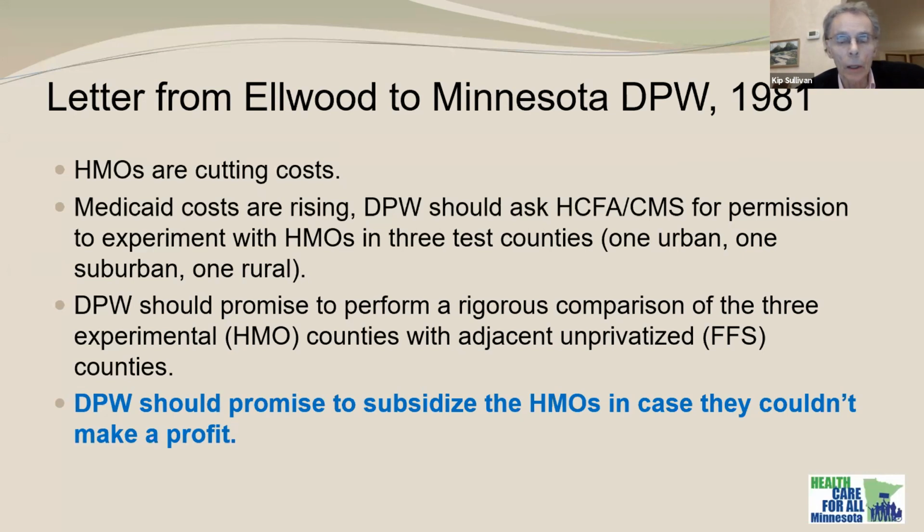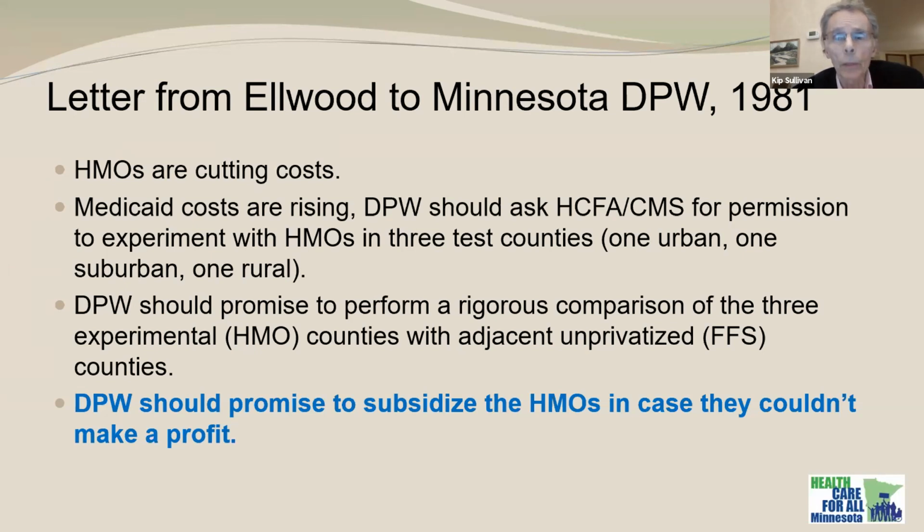In that letter, Ellwood urged the Quie administration to let Minnesota participate in the demo and to apply to the Reagan administration. Ellwood proposed that DPW, the Department of Public Welfare, select 3 counties, 1 urban, 1 suburban, and 1 rural, in which Medicaid recipients would be forced to enroll with an HMO. Does that sound familiar?